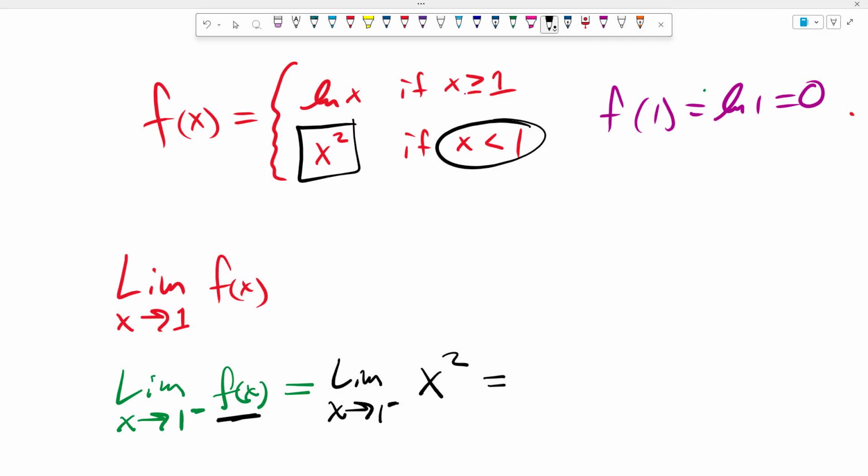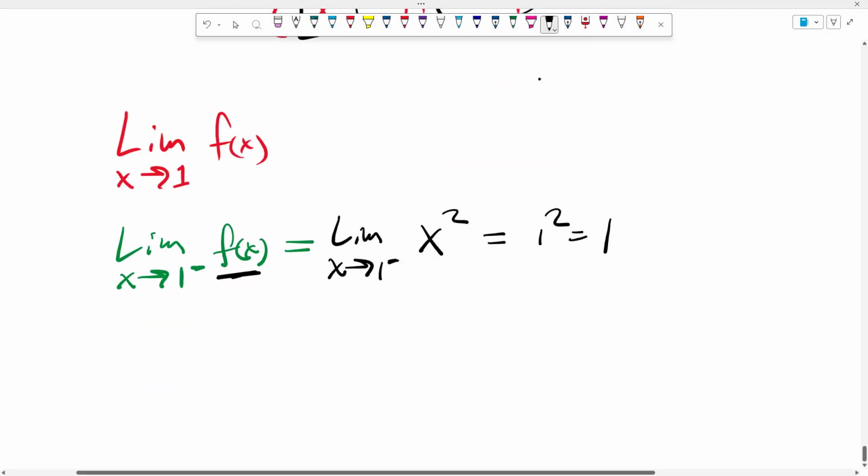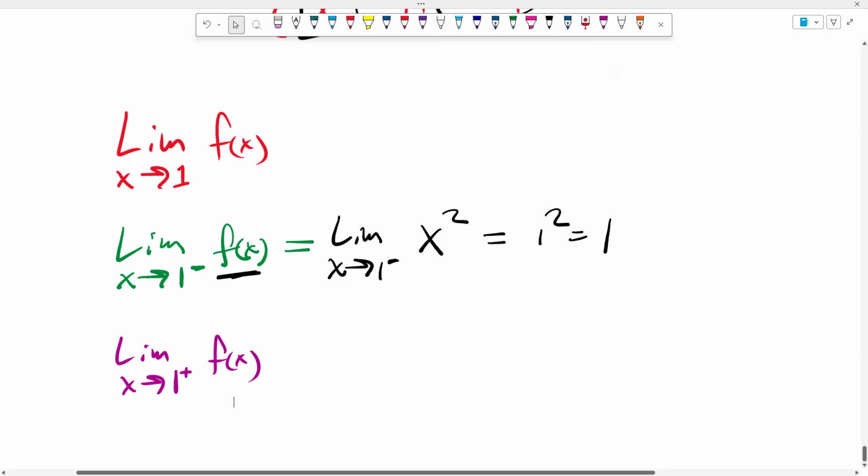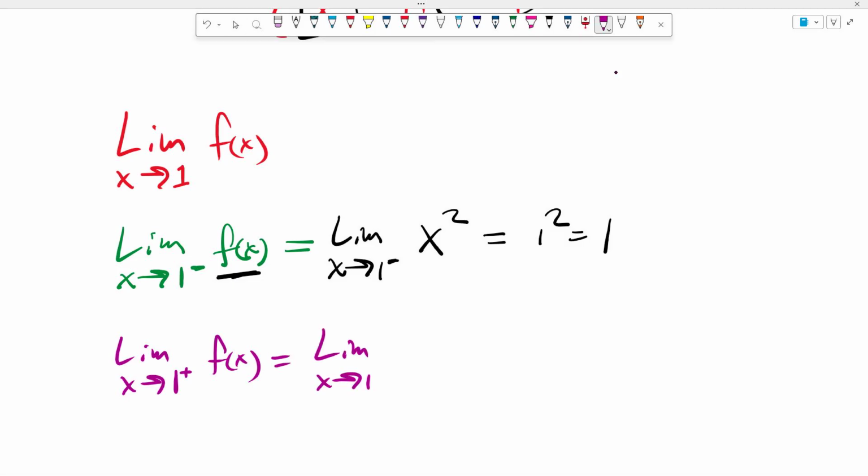And then as we approach from the right of f of x, okay, since we're always to the right of 1, our function is equal to ln of x.